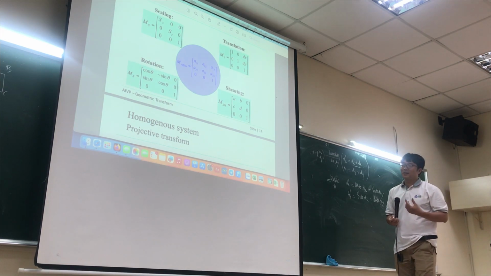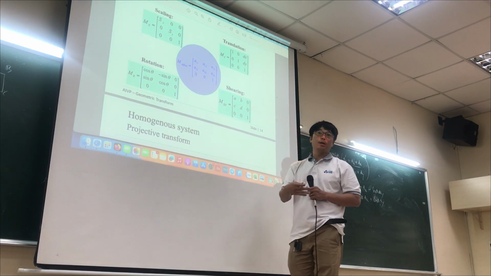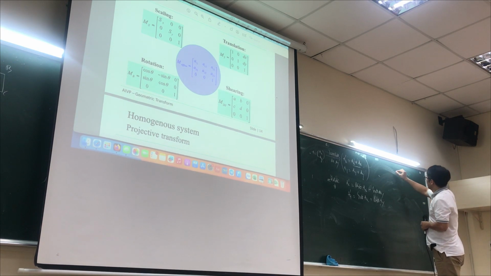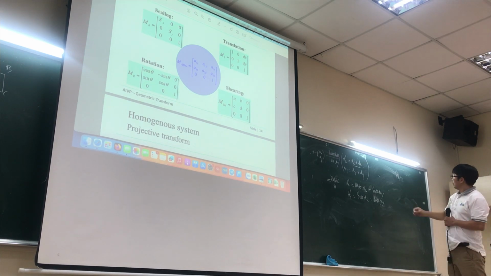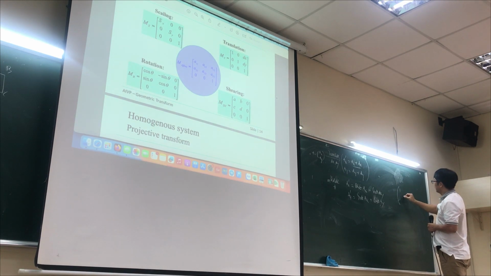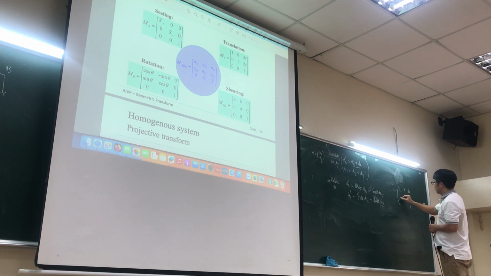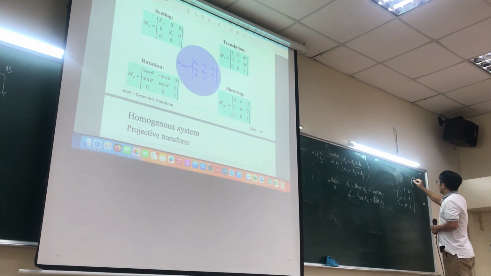What happens if I represent the point in the homogeneous system? The matrix for translation is 1, 0, dx, 0, 1, dy, 0, 0, 1, and you multiply it with the vector Ax, Ay, 1.